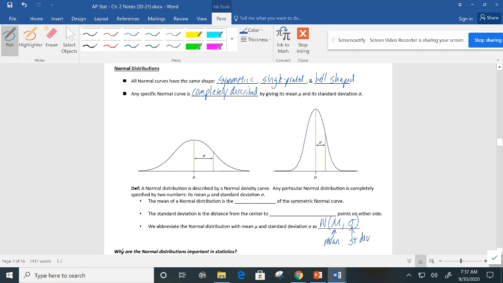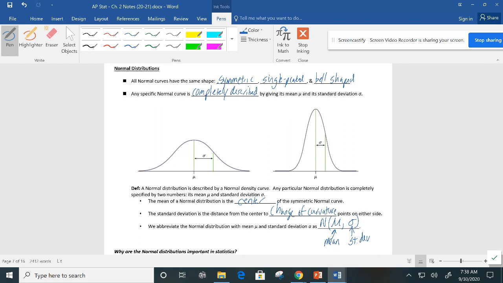So that notation just represents that it has a mean at the first value and a standard deviation at the second value. The mean of a normal distribution is the center of the symmetric normal curve. And the standard deviation is the distance from the center to the change of curvature points on either side.